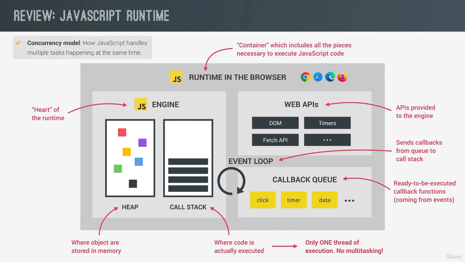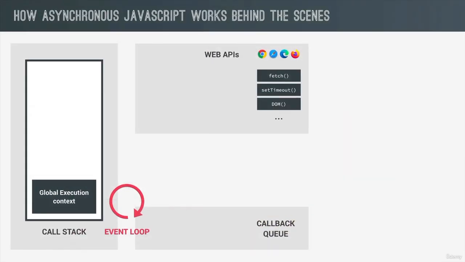But now, how does this non-blocking concurrency actually work? And why is the event loop so important? Well, let's find out. And let's focus on the essential parts of the runtime here. So that's the call stack, the event loop, the web APIs, and the callback queue. So as you know by now, a JavaScript engine is built around the idea of a single thread.